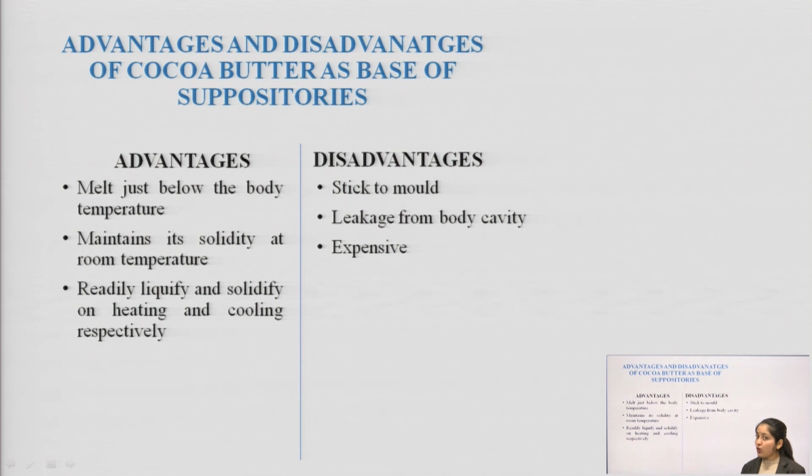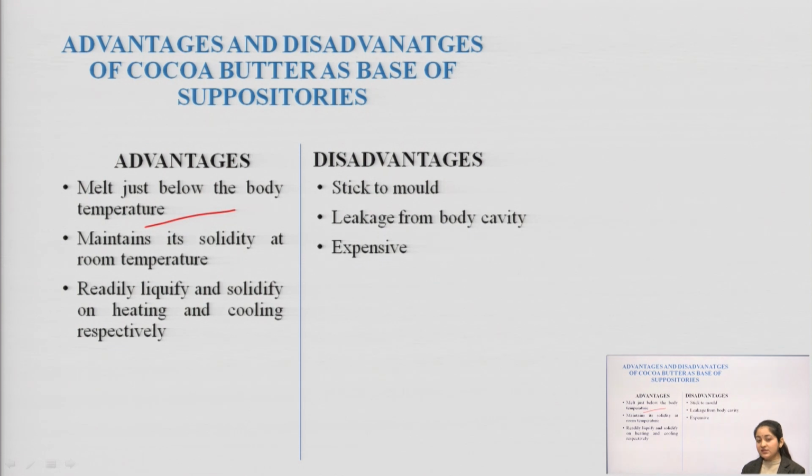Whenever we are using cocoa butter as a base of the suppository, let us understand what advantages and disadvantages we have to come across. Let us understand the first advantage: it melts just below body temperature. Definitely that is a boon for us. If we are making suppositories using cocoa butter, melting plays a very important role.